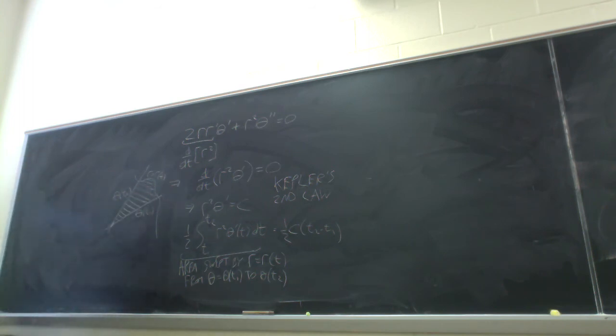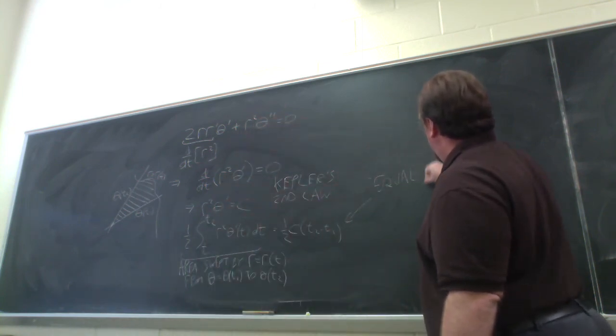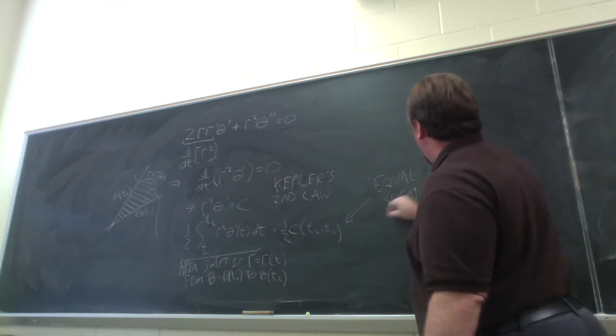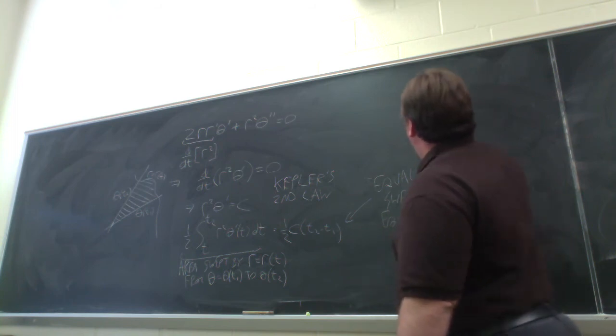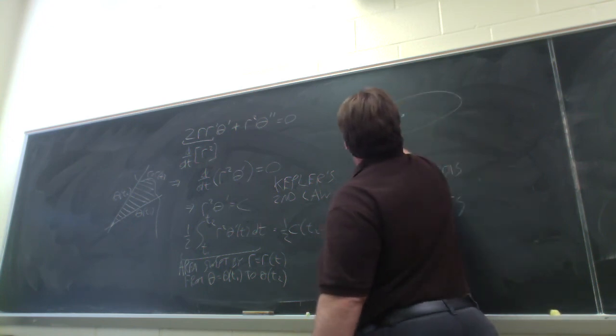But notice the right side only depends on the time t. So what this is saying is that equal areas are swept out in equal times. So what could be happening, for instance, if you have, let's say this is your planet's elliptical orbit.